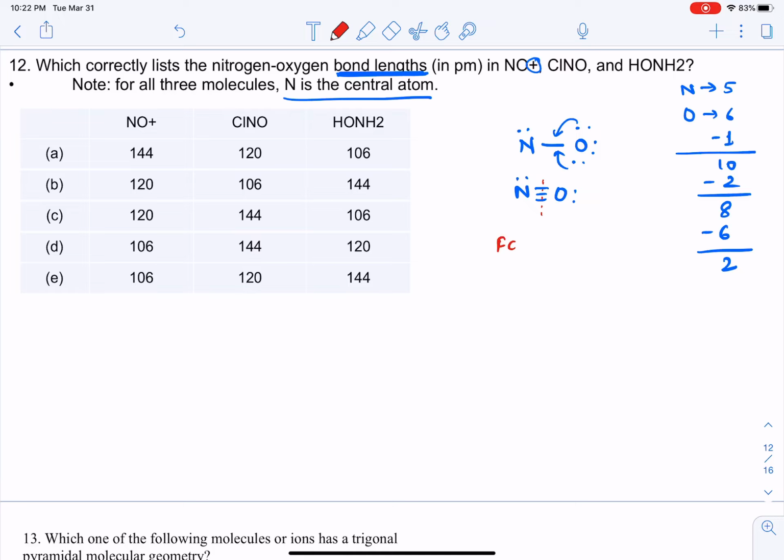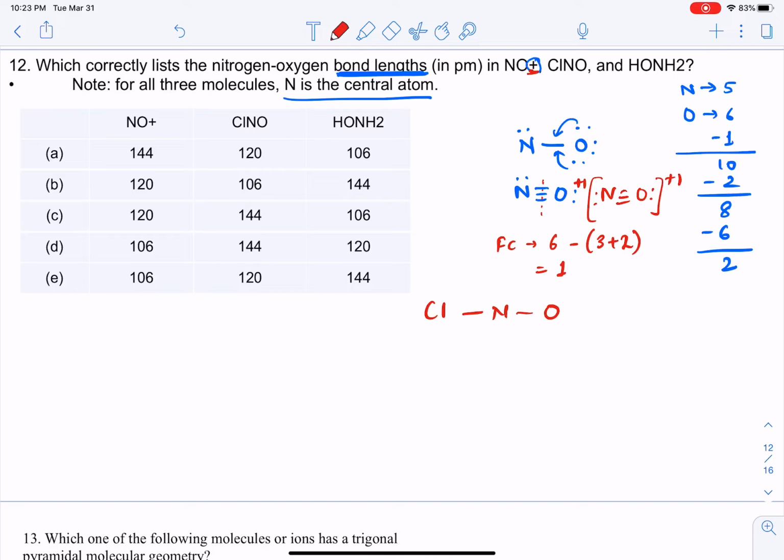Let's see the formal charge on oxygen. It's 6 minus, again I'm using the same formula that I used earlier, 3 is the bond pairs, and plus 1 is the lone pair. No, 2 lone pair electrons, so it's 1. So there's a positive charge 1. It's positive 1. So the overall charge of N is plus 1.